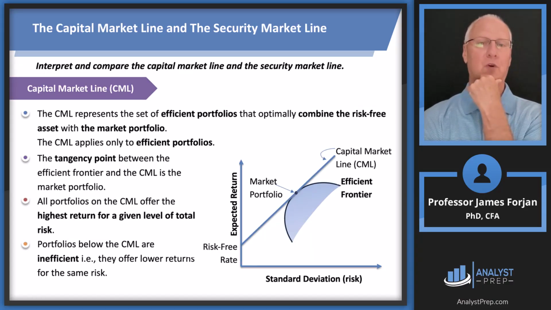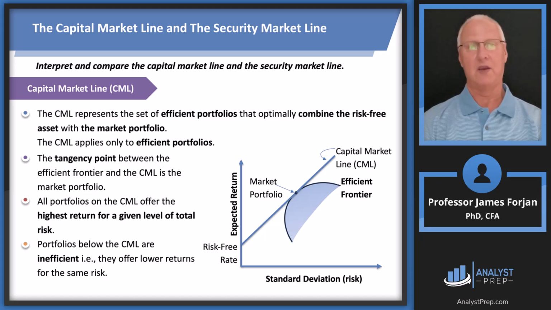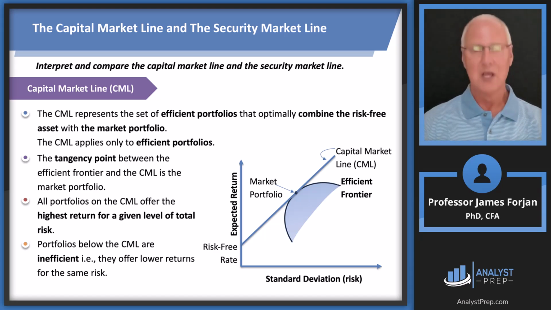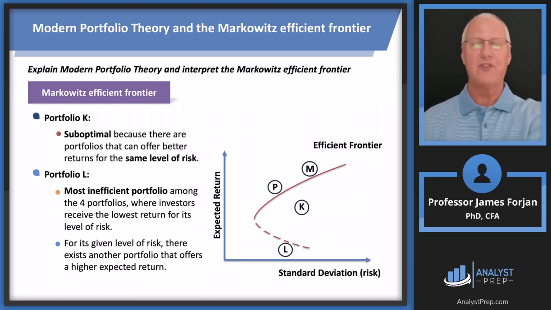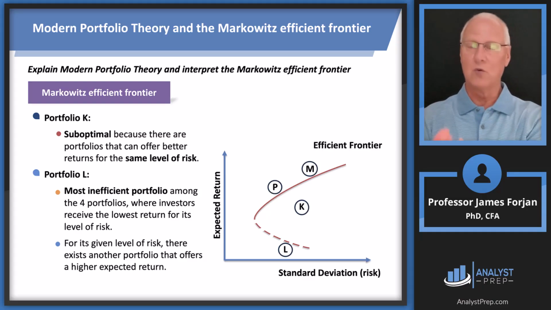Now, of course, we can go ahead and take a look at the security market line with beta on the horizontal axis, but we can then compare it to the capital market line with standard deviation on the horizontal axis. So let's go back here. Here's the efficient frontier. This is the world of risky equity securities.